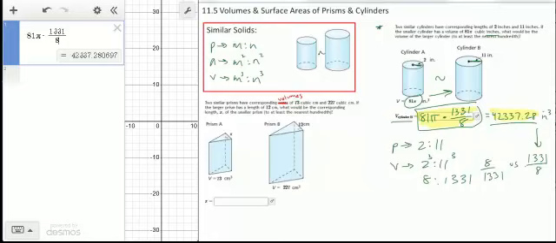All right, so let's talk through this last one. The last one is probably the most challenging, and that is instead of starting with the ratio of the parts, you're instead given the ratio of their volumes. And so notice that we're now starting down here, not up here.